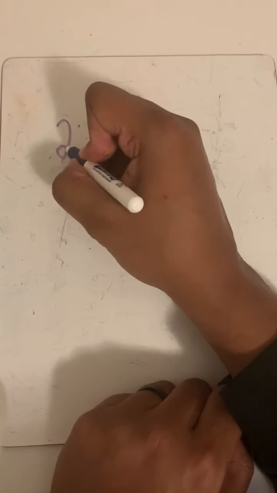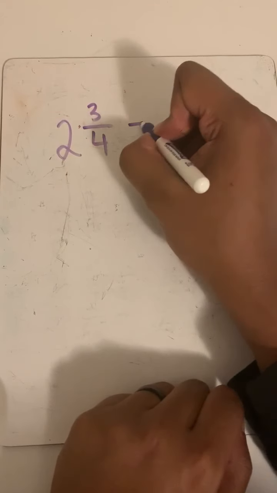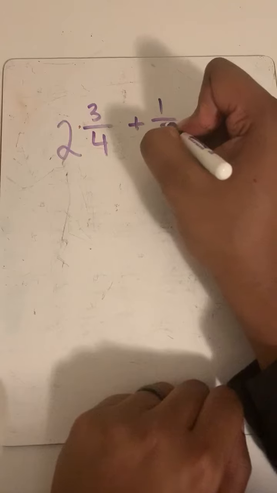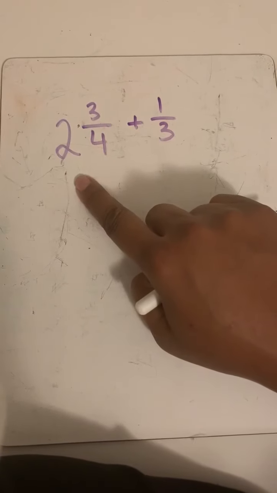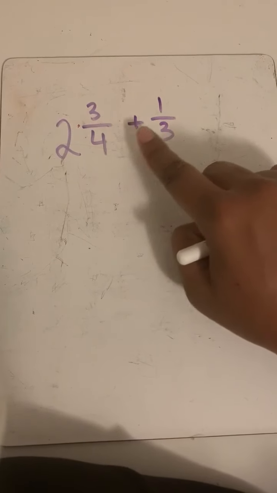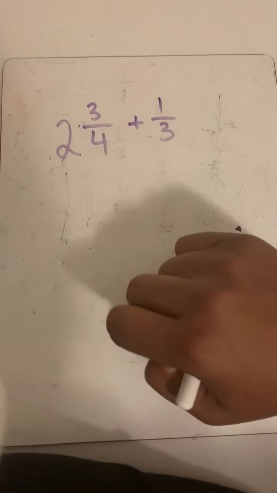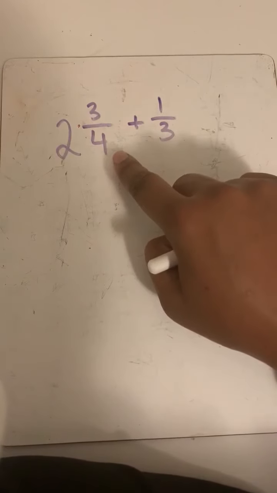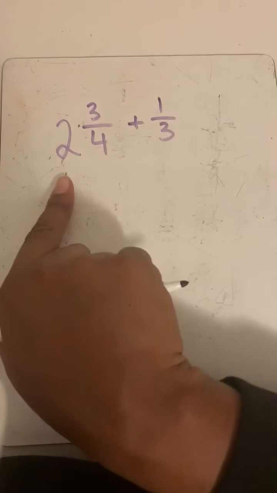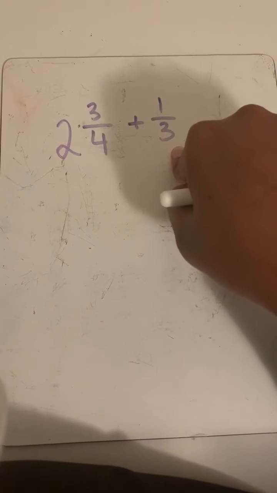So let's say that you have a number such as 2 and 3/4 plus 1/3. That's the same thing as 2 wholes plus 3/4 plus 1/3. Well, what can you do to solve this? I know that I can add my fractions together.